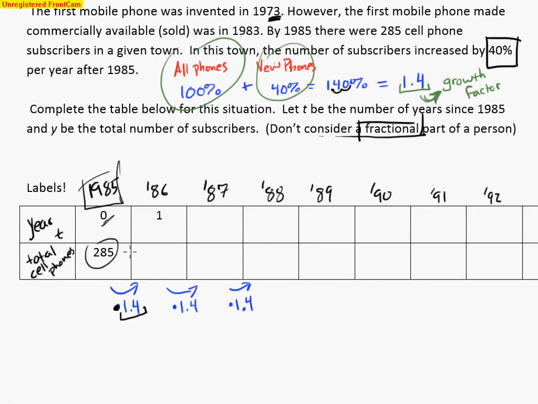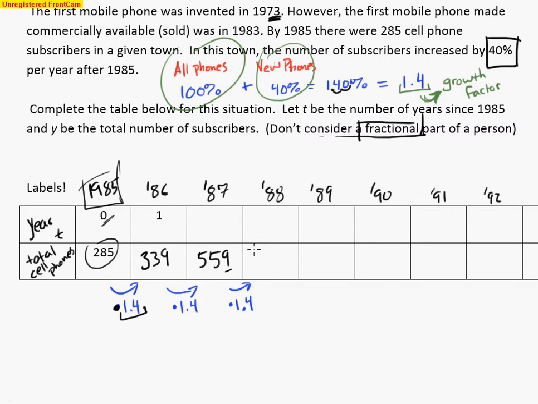So let's take 285 times 1.4, and I get 339. Then if I multiply again, I should get 559. I had to round this one up from 0.6.